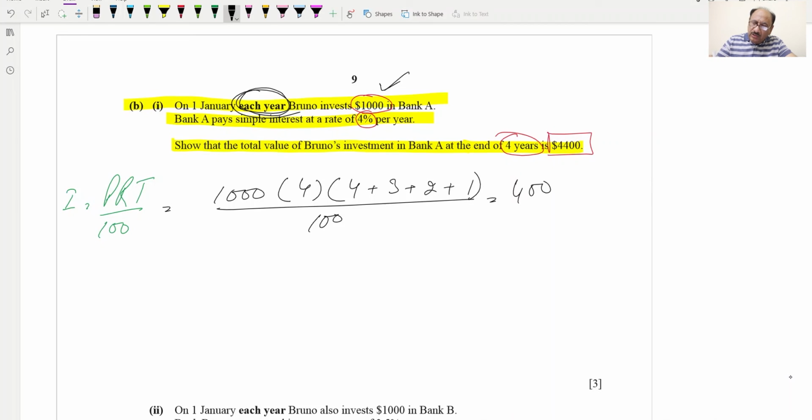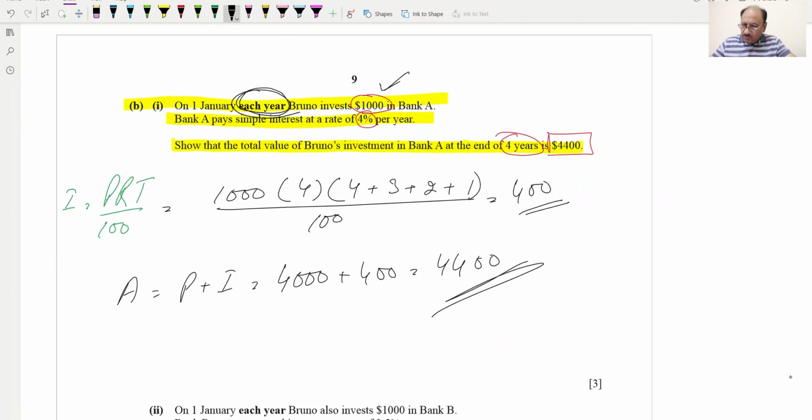So 400 is the interest. Keep in mind we are calculating interest. So the amount will be equal to principal amount plus interest. Each year he is investing 1000, so in 4 years he has invested 4000 plus 400, so it will be 4400.